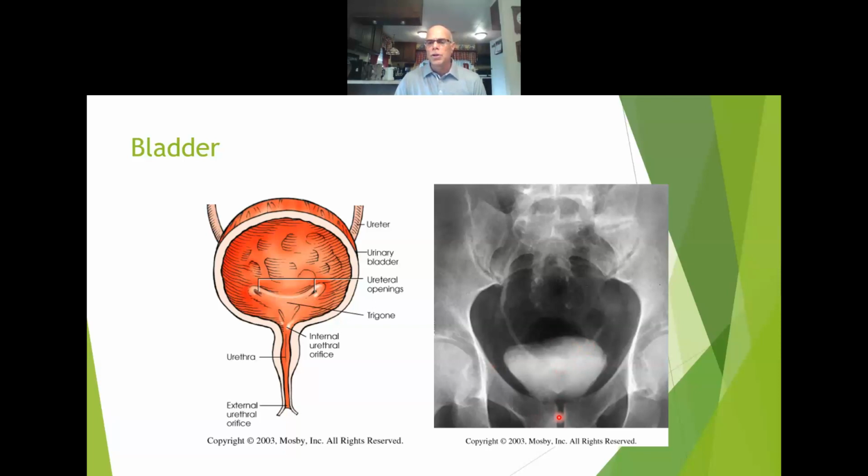But here again is your pubic symphysis. If you display just a little bit of that upper margin, you know that you have all of the bladder. If you have to get a bladder, it says 2 to 3 inches from the pubic symphysis. So you'll center right about there.